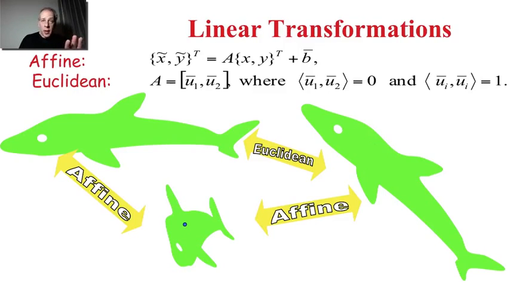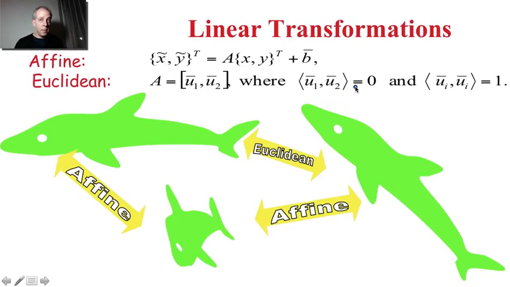If I only want to translate and rotate, so I rotate and translate, or I translate and rotate, that imposes some limitations on A, and it's not hard to show that in order to only allow rotations and translations, the two column vectors of A, where A is a 2 by 2 matrix, have to be orthogonal, meaning the inner product equals 0.